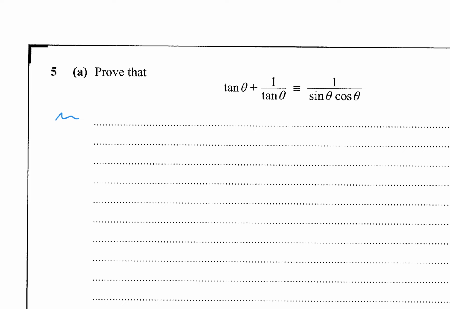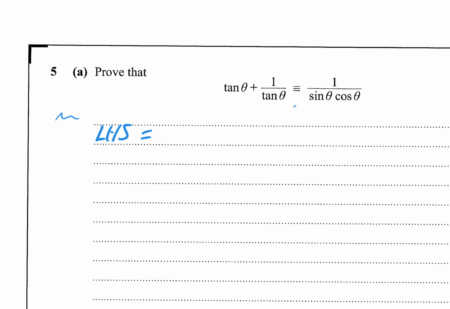Right, we're going to work on our left-hand side. Now, in a proof, what you want to do is look at where you're trying to get to. I'm going to work with my left-hand side. My left-hand side is in terms of tan, and my right-hand side is in terms of sine and cos. So the first thing I want to do is get my left-hand side in terms of sine and cos.